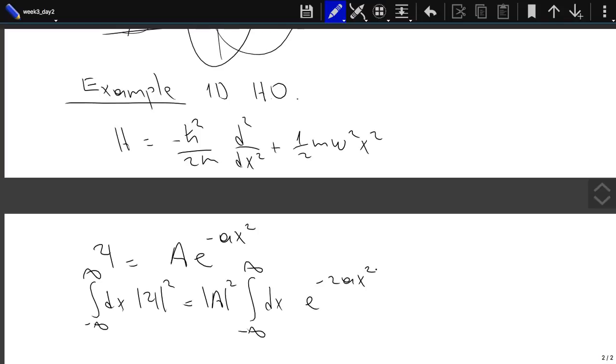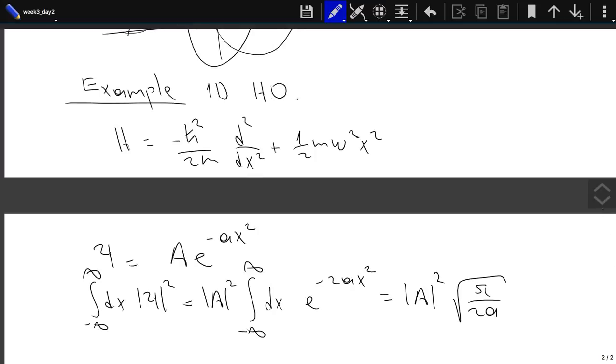Do you know how to calculate this integral? It is the square root of pi times the square root of 1 over 2a, right? I can calculate this by multiplying two of them for the integrals and then going to circular coordinates.